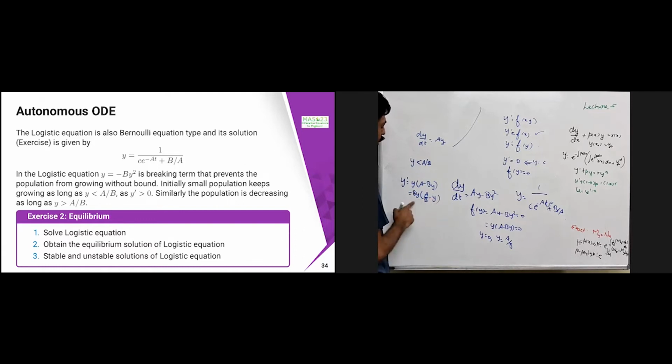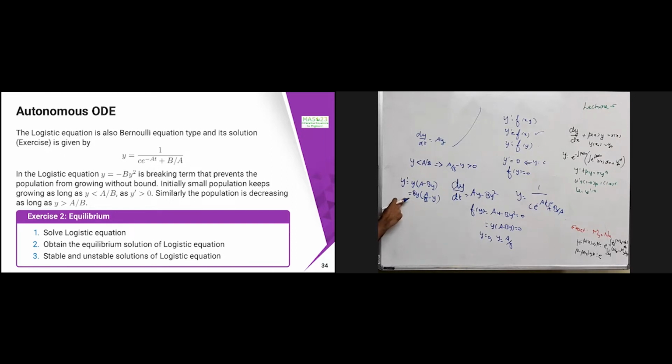So if y is less than a by b, then y' is going to be greater than 0. Since y is less than a by b means a by b minus y is greater than 0. So b is positive, a by b minus y is positive, therefore y' is positive.